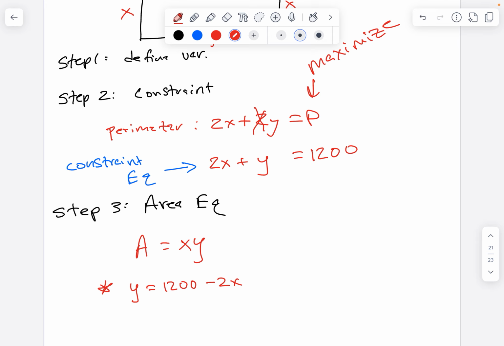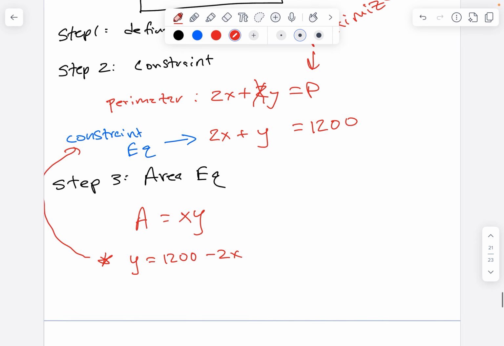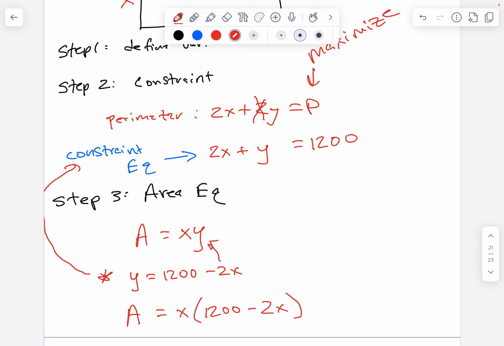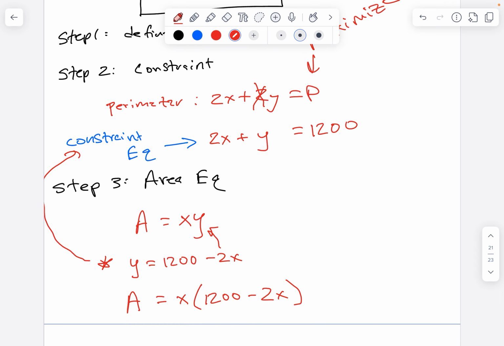So area is equal to x times 1,200 minus 2x, right? This is already maximized because we included the 1,200. Now your area is in terms of just one variable, so this is 1,200x minus 2x squared.